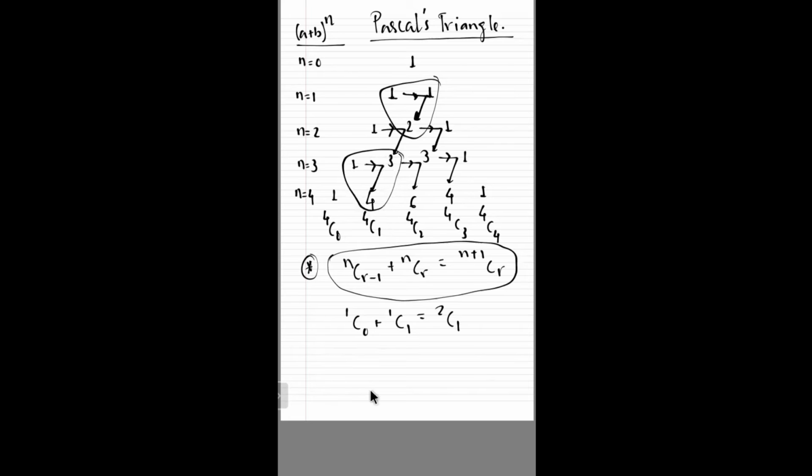You can easily see that 3C0 plus 3C1 is equal to 4C1. That's why we are getting this 4. In the same way, in this triangle, 3C1 plus 3C2 is equal to 4C2. So from Pascal's triangle, we can do this easily.